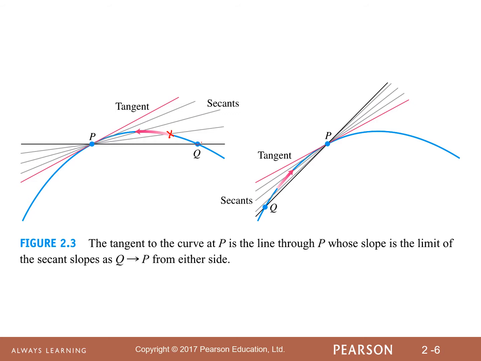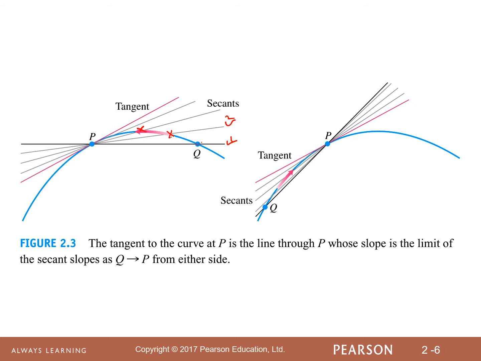The secant has changed, right? The secant was this one. Now the secant is this one, right? The slope of the secant has changed, right? Anytime you move it up, its slope will change, right? Now, let's suppose that Q moved from this point to this point, right?